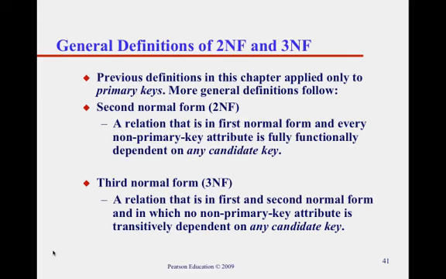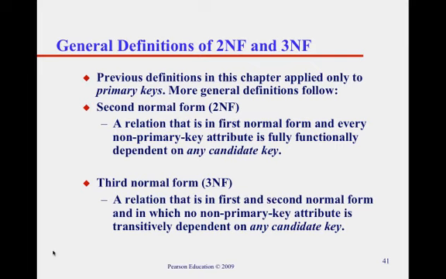Okay, so just one last thing. Everything I talked about today was assuming that the normal form was being done on the primary key. So we were only concerned with partial dependencies on the primary key and with transitive dependencies on the primary key.